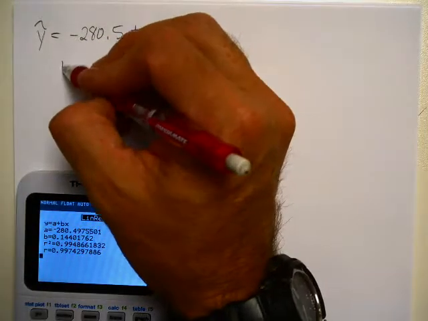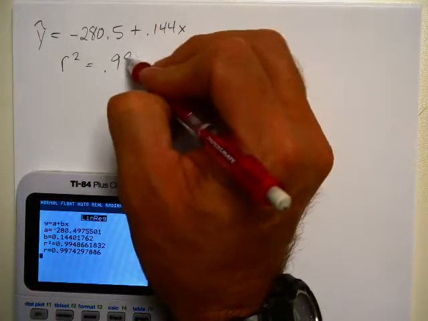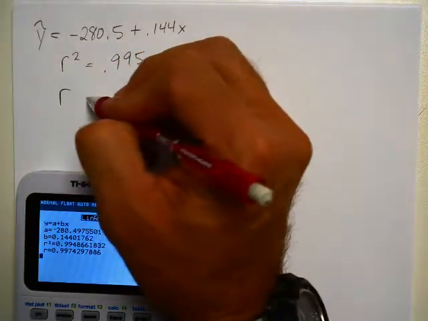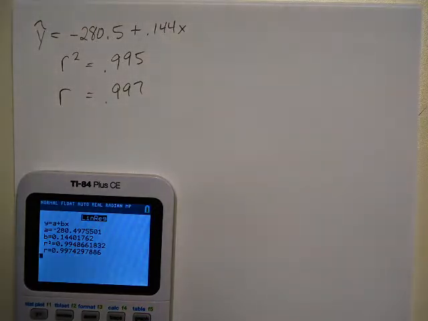And r squared is pretty good. And r is even better. So before we even look at the graph, looking at the r and the r squared values, what can we say about the data now that we've taken the log? Pretty linear, isn't it? It's almost perfectly linear.